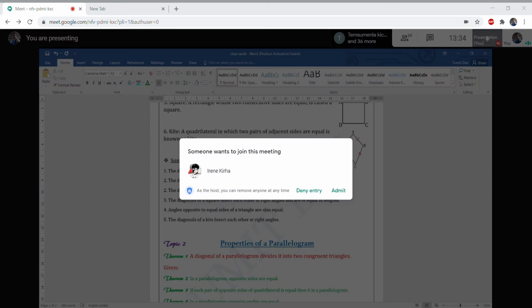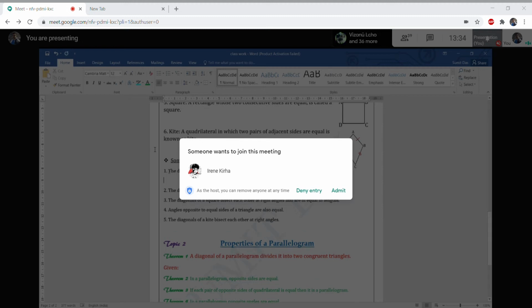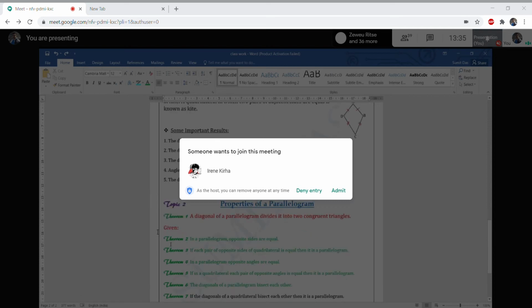Sorry, the diagonals are not equal in length. In a parallelogram, the diagonals are not equal in length, but they do bisect each other. Obviously, they bisect. That is theorem 6, so no need to write it now.